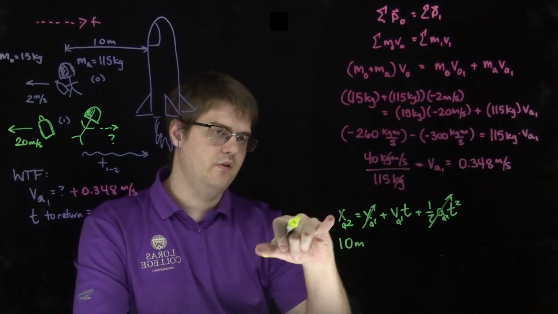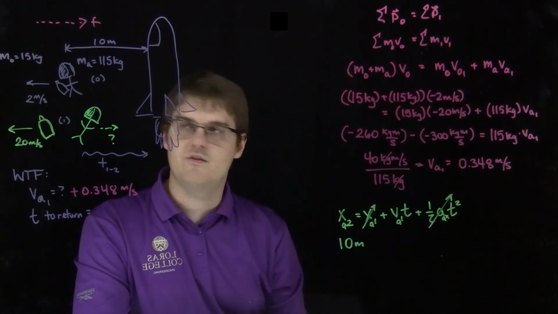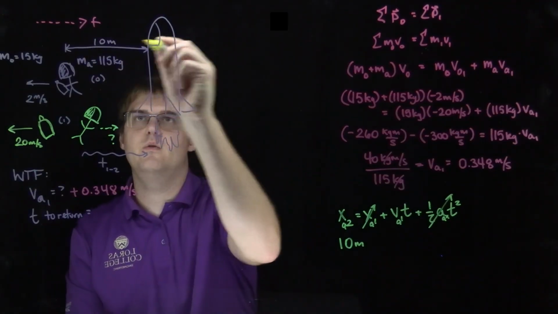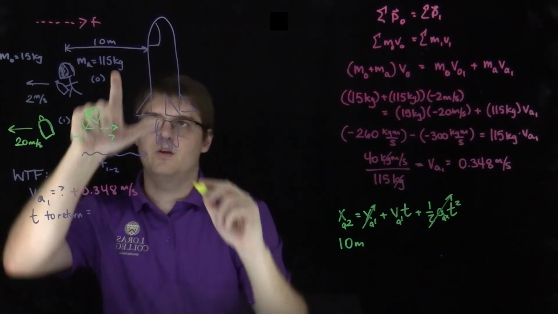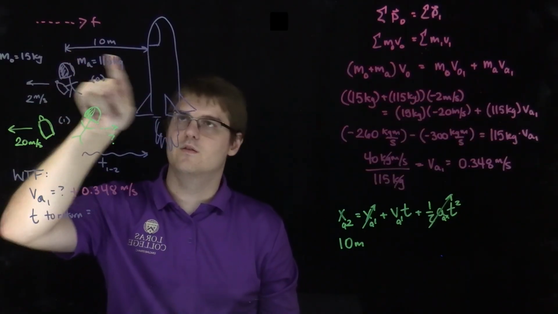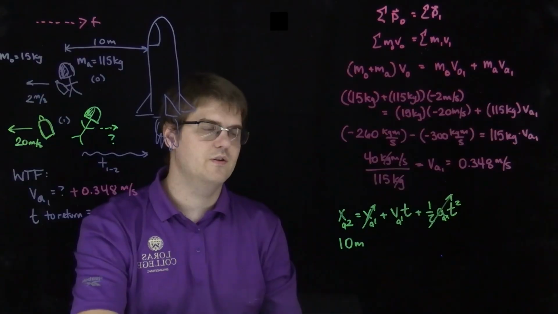I could call this guy 0 and I could call this guy -10, depending on how you want to define what's 0. So if this is 0, this is 0 plus 10 because this is 10 meters. If this is 0, this is 0 minus 10 because this is 10 meters and this is the positive direction.